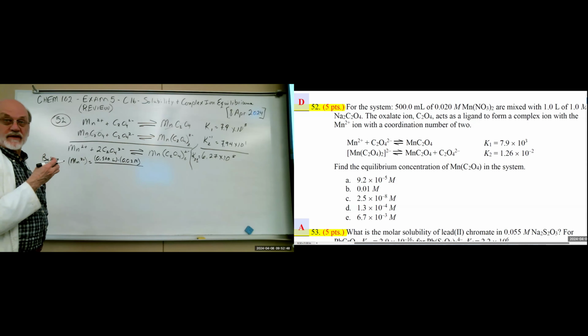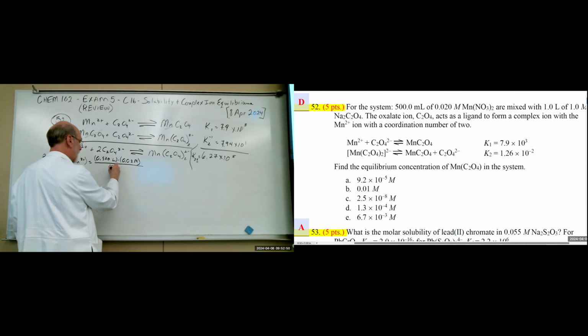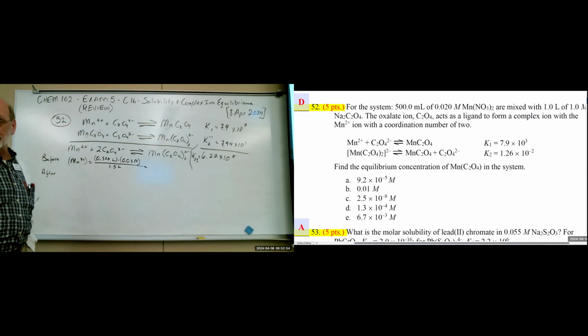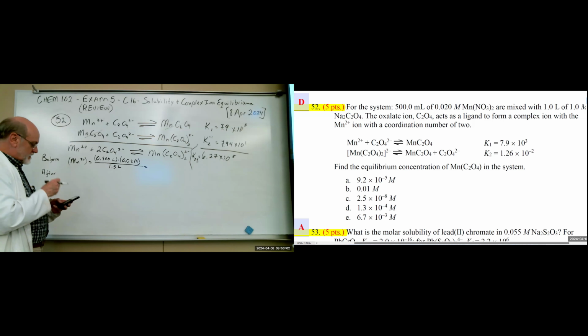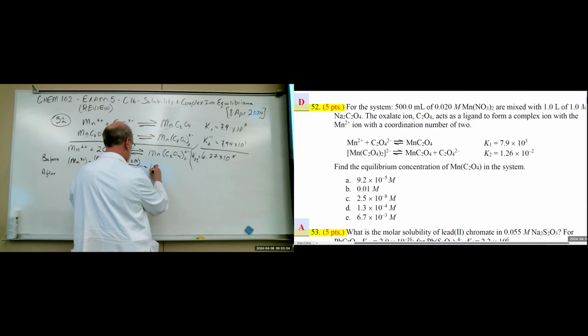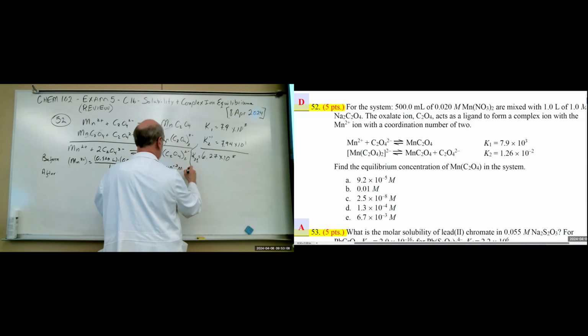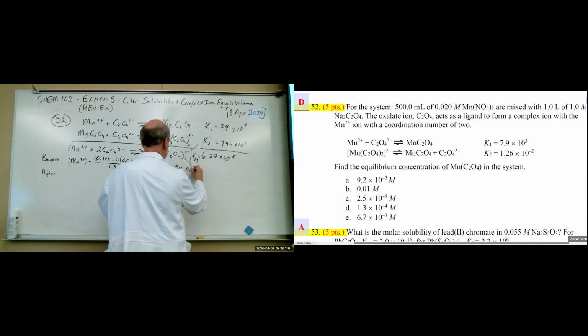It's a liter plus a half a liter, right? 1.5 liters. So that's going to be the beginning concentration of manganese: 0.5 times 0.02 divided by 1.5. So this is 6.67 times 10 to the minus 3 molar in manganese.